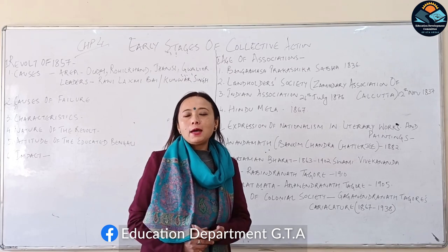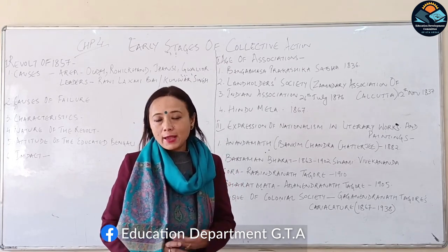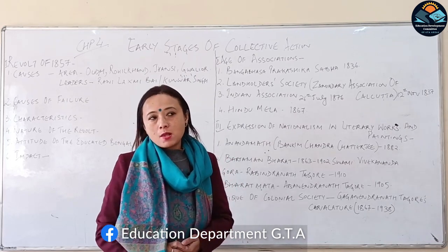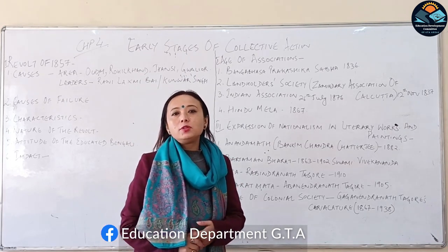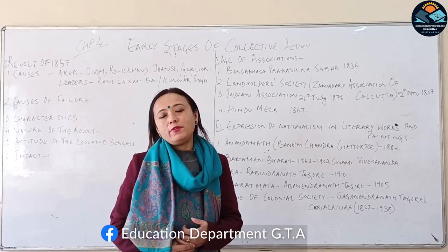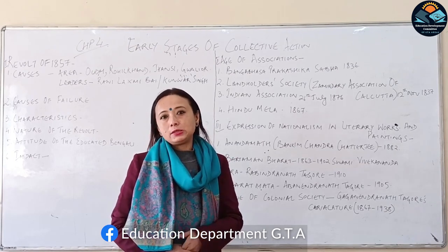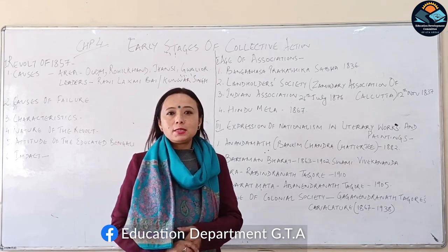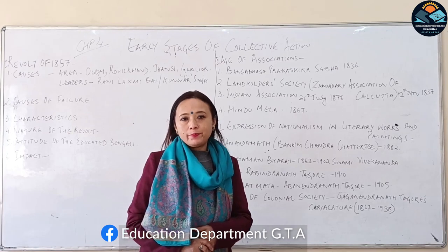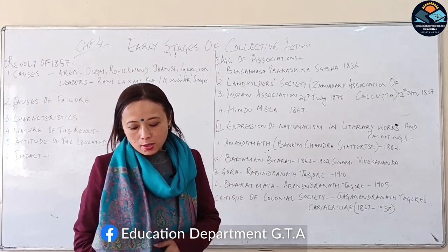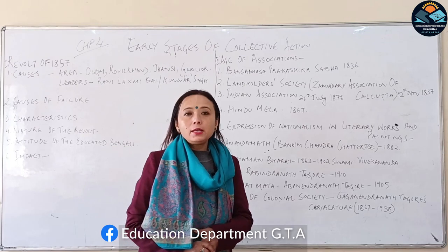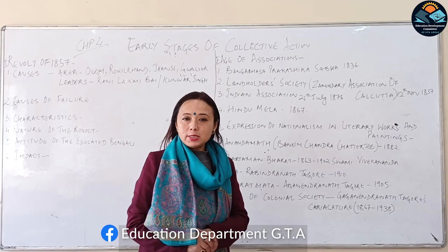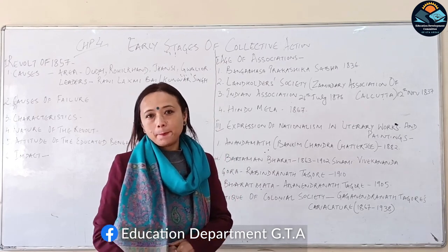All the high posts and ranks in the army were reserved for the Britishers, and even the salary given to the Indian soldiers, the sepoys, was very nominal. It was very less. What the Indian sepoys felt was that it was because of them that the English had become the paramount power in India, so they deserved a better pay.